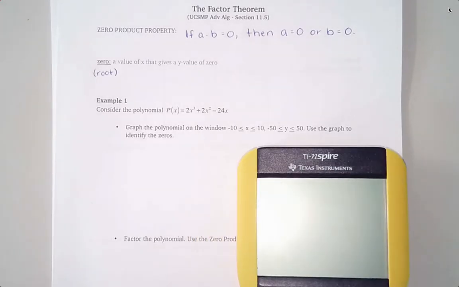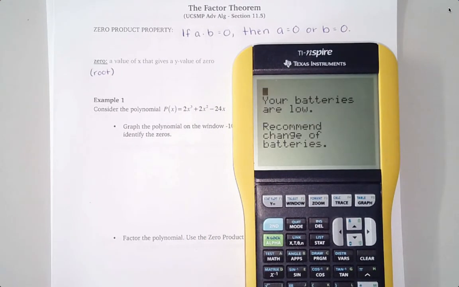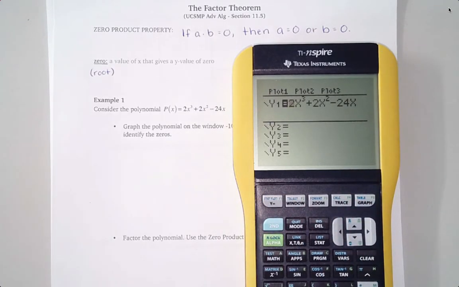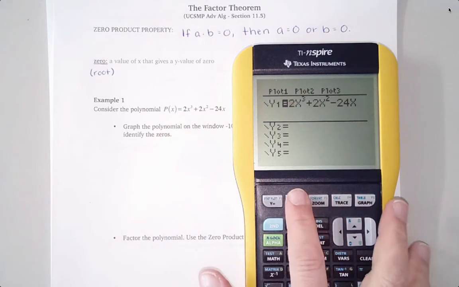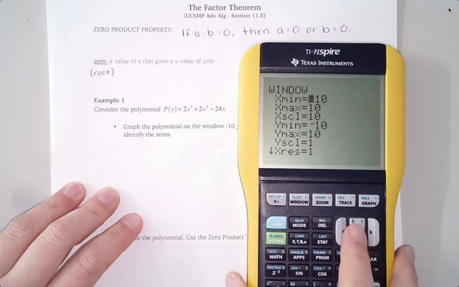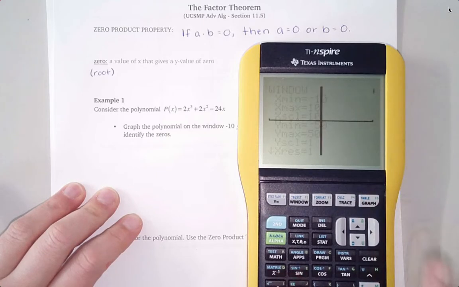So on here, I've already typed in my equation. Y equals, so there's my equation. I am going to go to the window and adjust it, and it told me to go negative 10 to 10, but then for y's, I'm going to go negative 50 to 50. And I'm going to graph this thing and take a look at it.